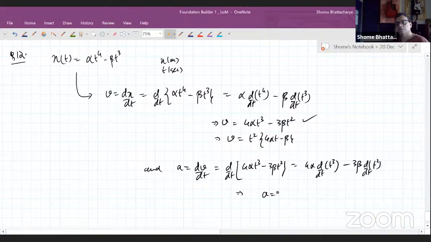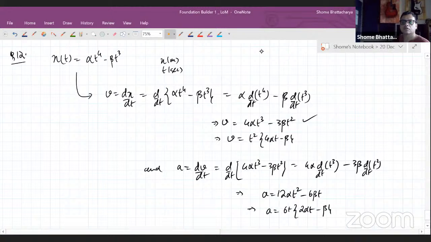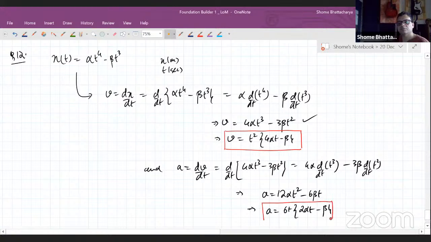So the acceleration will come out to be 12 alpha t square minus 6 beta t, or we can take 6t common, so we have 6t times (2 alpha t minus beta). Alpha and beta are given as constants. So this becomes velocity as a function of time, and this becomes acceleration as a function of time.